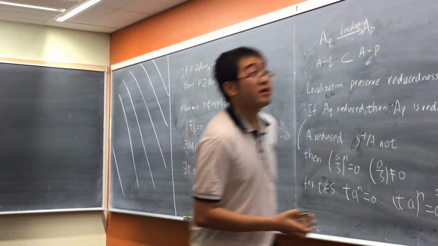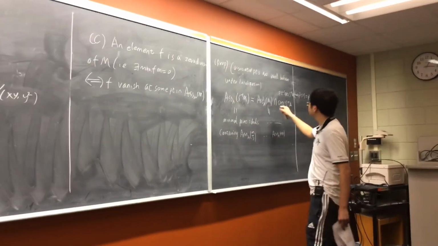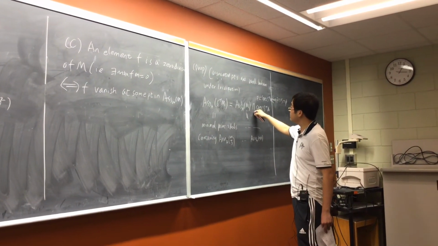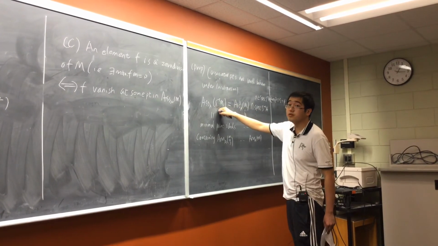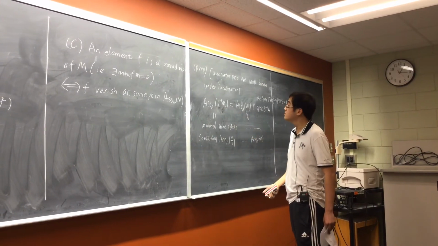So this will show one side of the containment: any prime ideal in here is also a prime ideal in here. So the minimal one in here is also the minimal one in here.